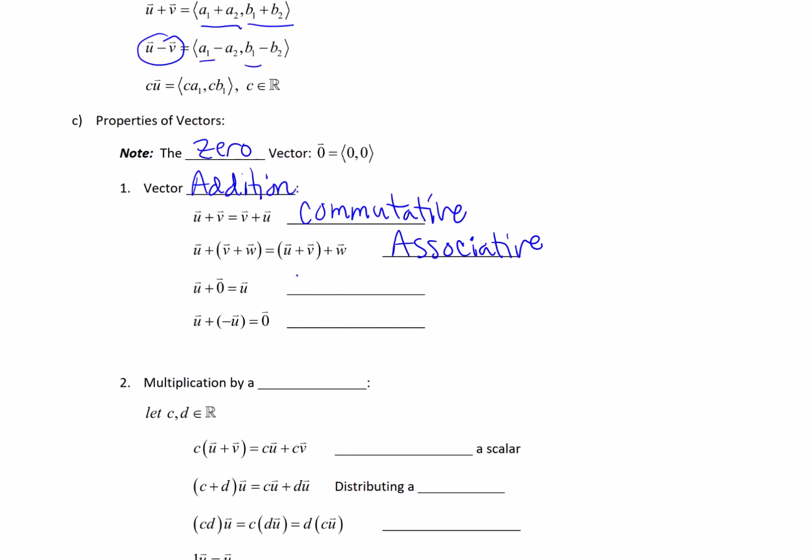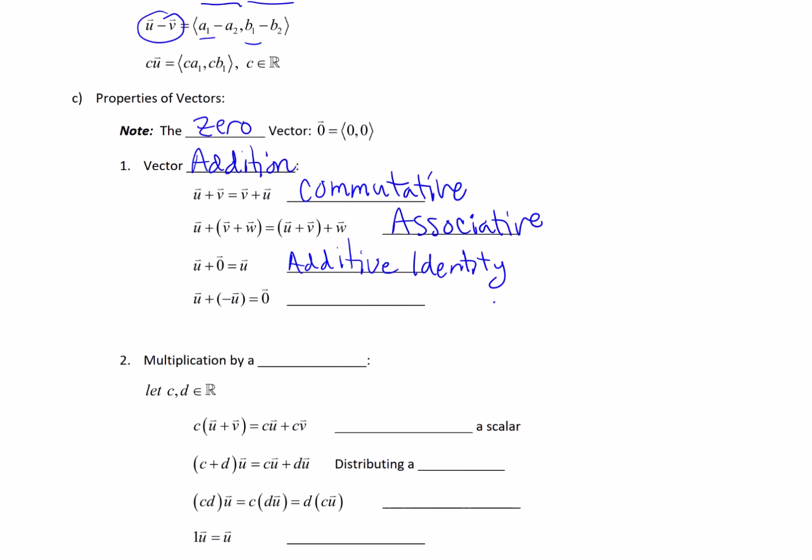This would be called the identity, or you could say the additive identity. Identity is relevant because it's getting itself back. If you put vector u plus the 0 vector, you're getting itself back, the vector u. So that's sometimes referred to as the additive identity. You add the 0 vector, but nothing changes, you get the u back.